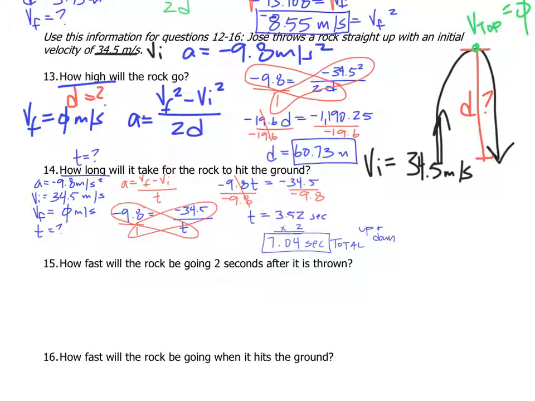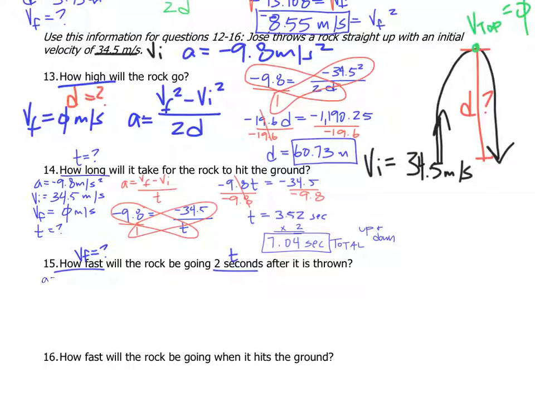Okay, and number 15 says, how fast will the rock be going 2 seconds after it's thrown? So how fast is velocity. Seconds measures time. If it's already thrown, it told me the initial velocity, so that means I need to solve for final velocity after 2 seconds. Okay, so let's recap what we know.